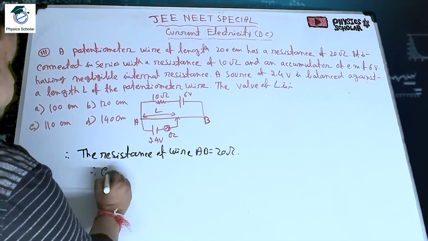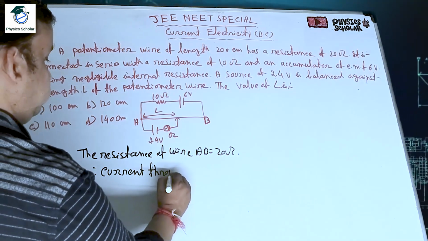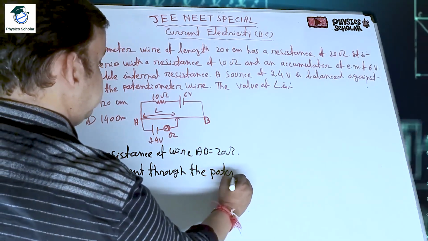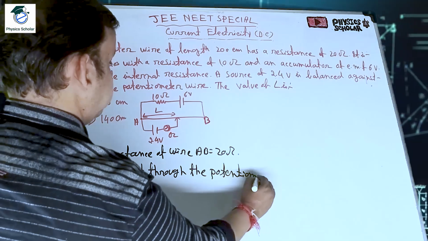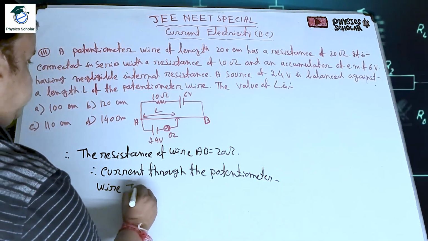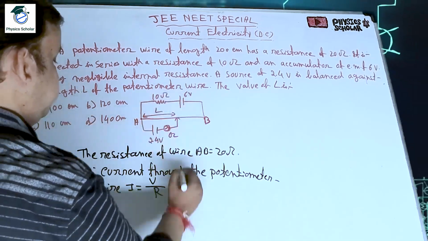Clear? So the current through the potentiometer wire, I is equal to V by R. V means 6 volt.